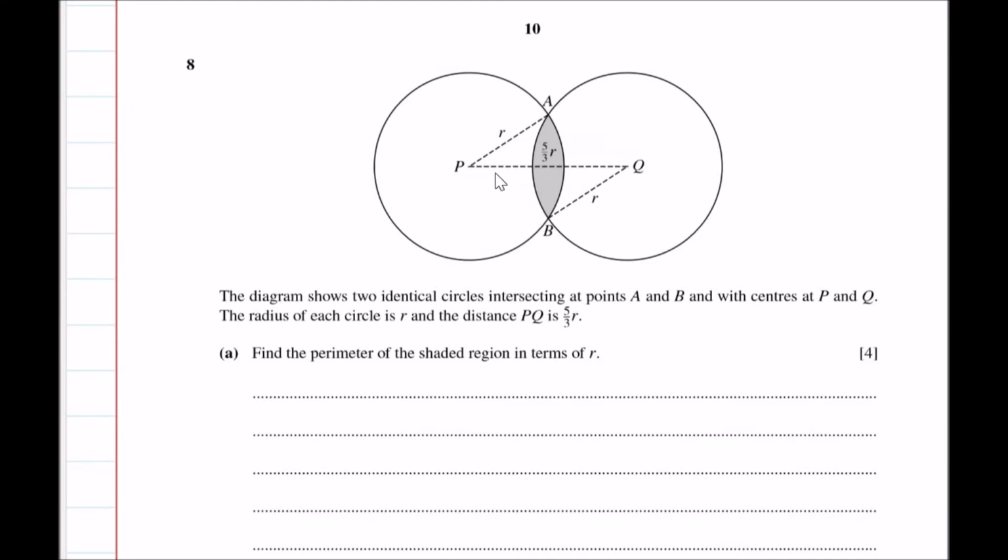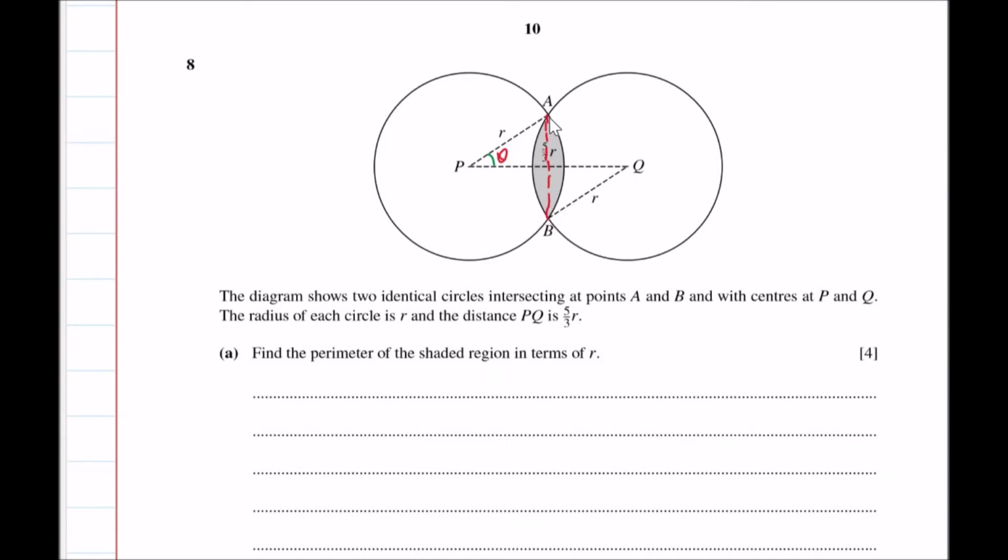So, here perimeter is nothing but the arc length. Two arc lengths, both are equal and we have to add. But here in this case, suppose this is theta, and let me draw a perpendicular line joining A and B. So theta we can find from here.